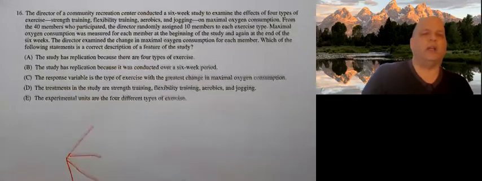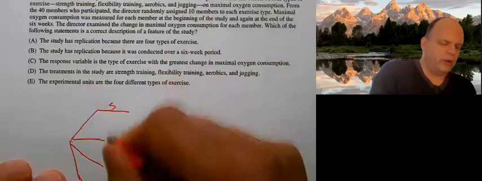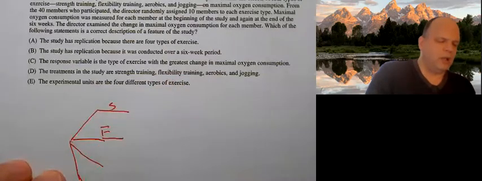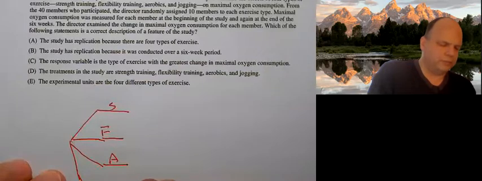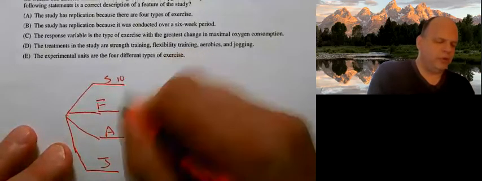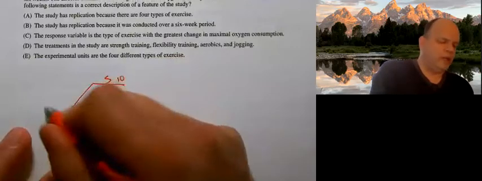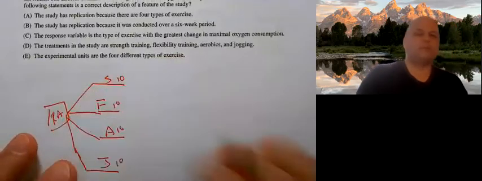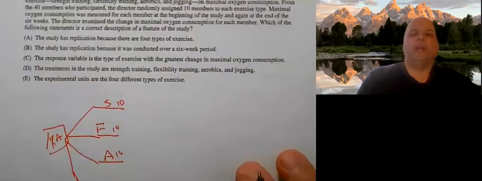Not a very good drawing, but strength, flexibility, aerobics, and we have jogging. And this one has 10 members, 10 members, 10 members, and 10 members. And we did this by random assignment. If we did this by random assignment, we have an experiment, okay?